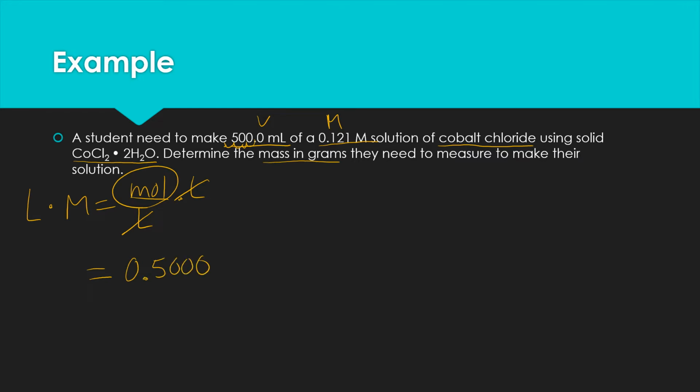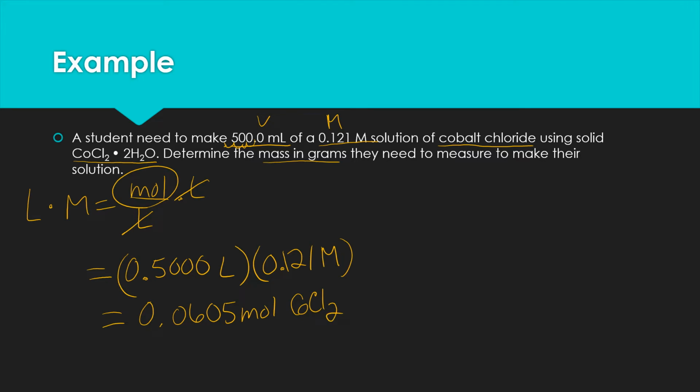I'm going to keep all those zeros because they are significant. Many liters times our concentration, 0.121 molar. And that will give us our number of moles that we need to measure, 0.0605 moles of cobalt chloride.